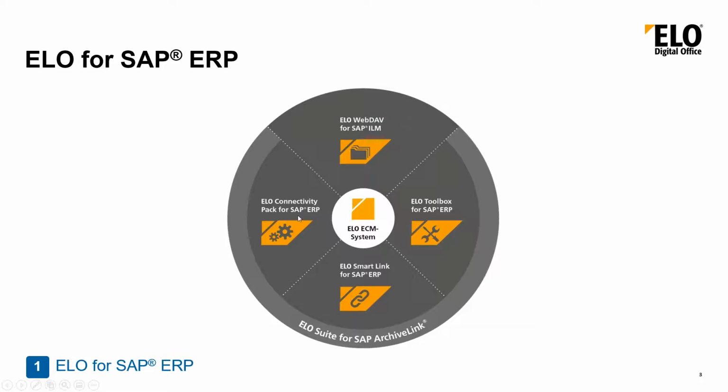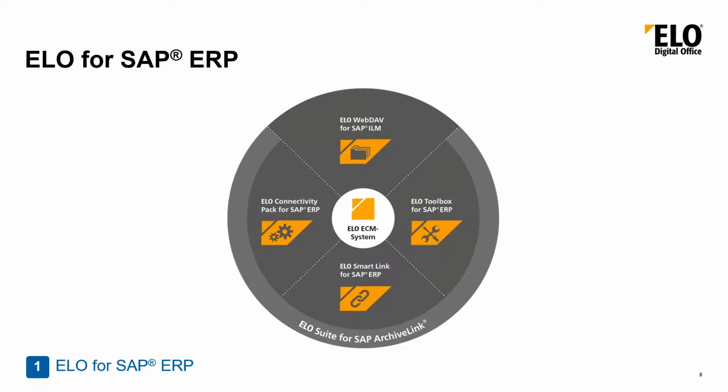And then we have the ELO Connectivity Pack for SAP ERP, which basically provides functions for communicating between ELO and SAP, so it goes both directions. I will elaborate on that later. We have the ELO Smart Link for SAP, which acts as an interface. So this is more of a technical component that ensures that the data transfer functionalities work via this interface.